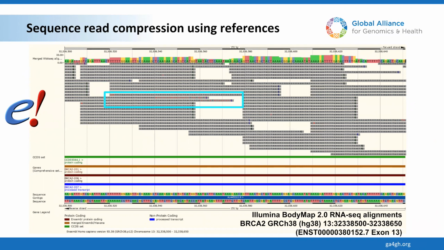What this allows us to do is create formats, and the Global Alliance has already created a standard format called CRAM, which fundamentally uses this attribute of sequencing reads to reduce the amount of storage required to store a read. Basically, you just need to know the differences between a read and its reference; you don't need to know all the base pairs of the read.